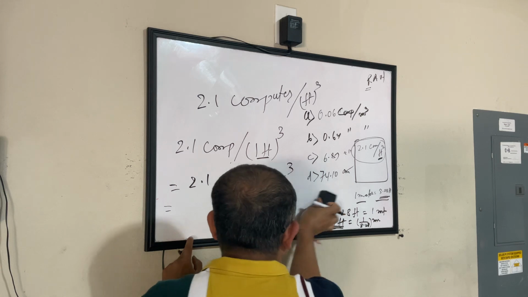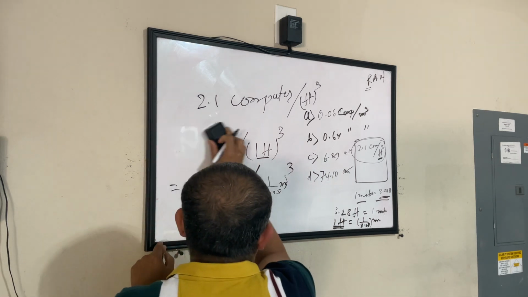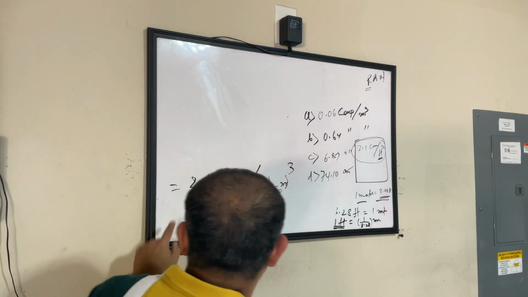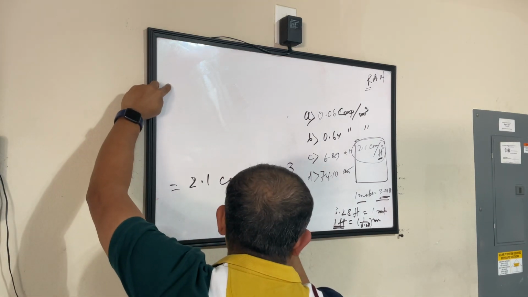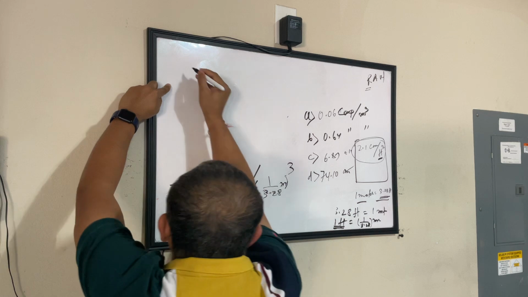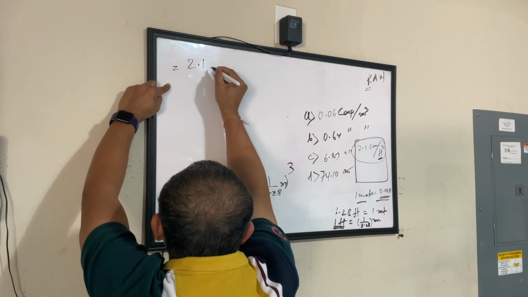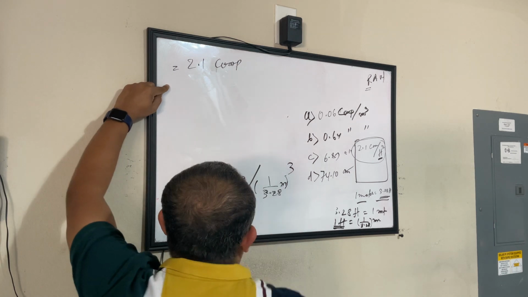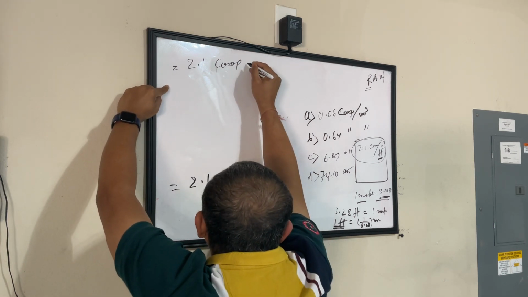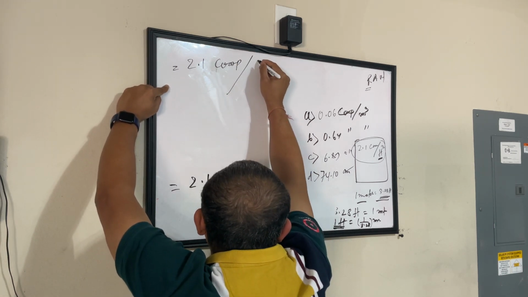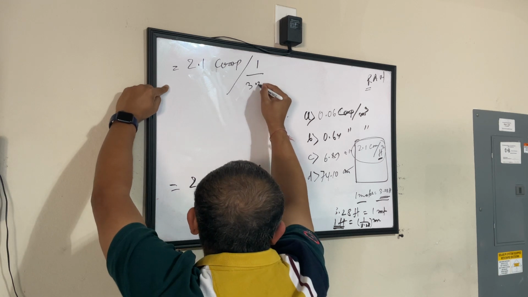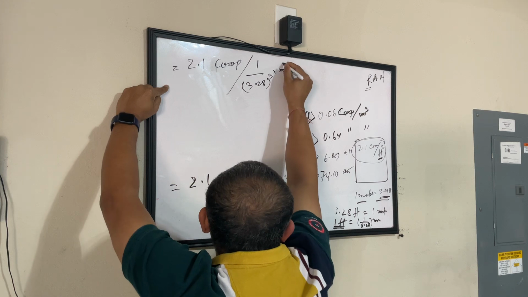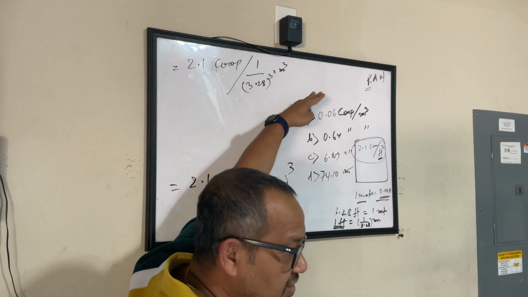I will use this and create some real estate here. Now this becomes 3.28 cube. So this becomes 2.1 computers divided by (1 by 3.28) cube into meter cube, and everything is the denominator.